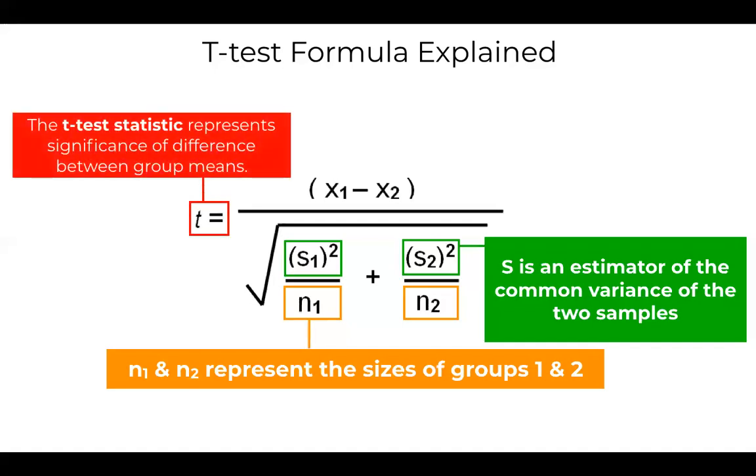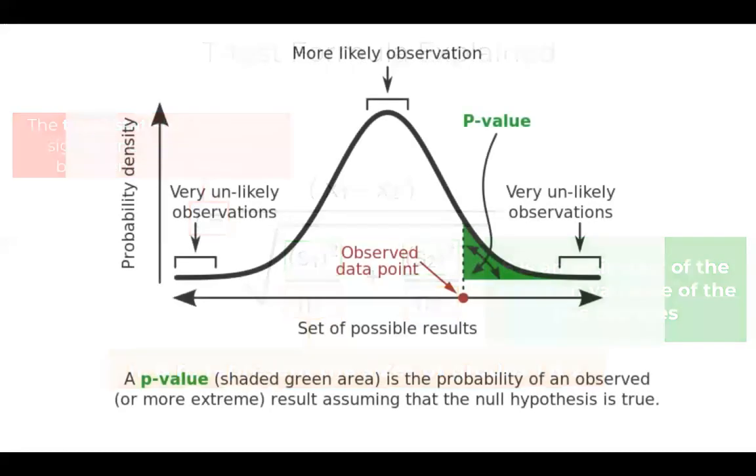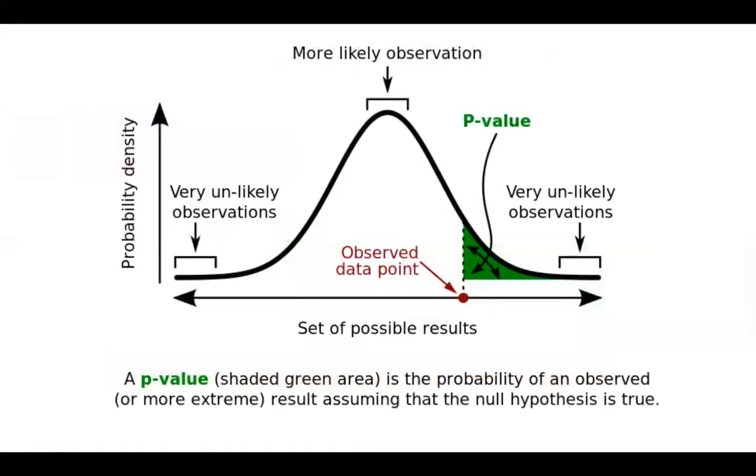The t-test statistic represents the significance of the difference between two groups. We want to see that statistic, the significance between two groups, which also gives us an idea of the fold change.